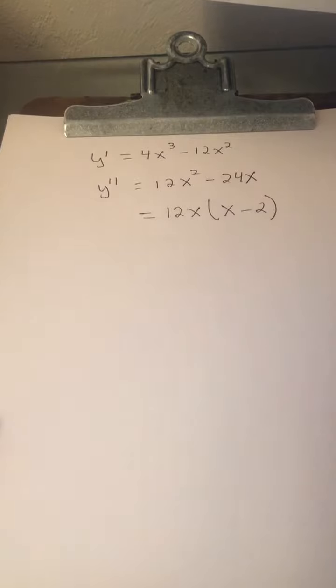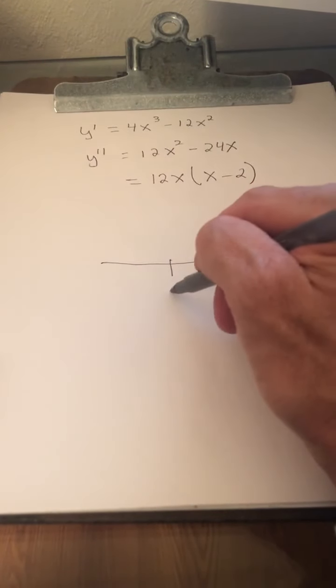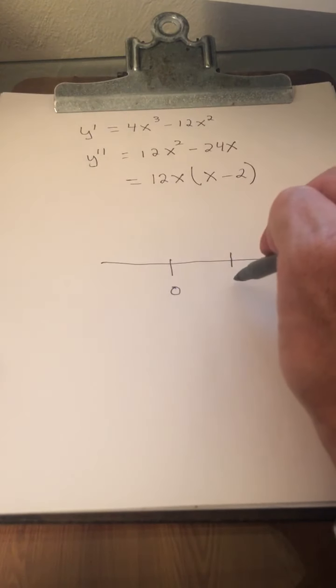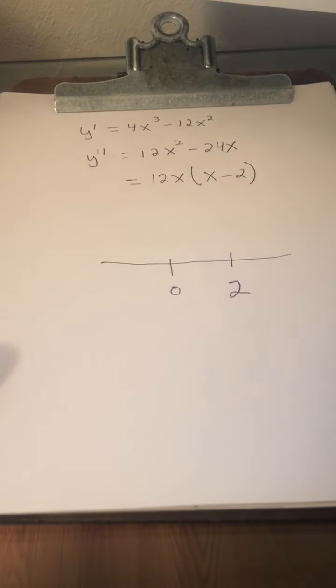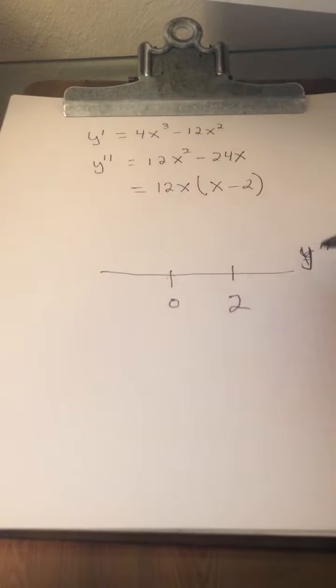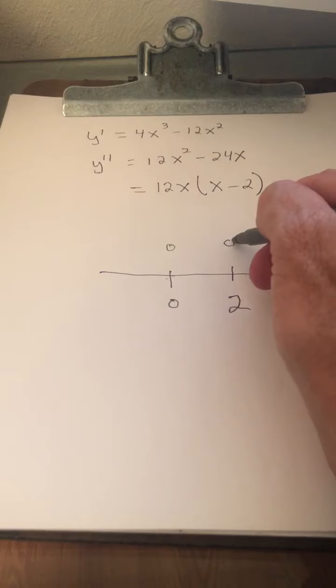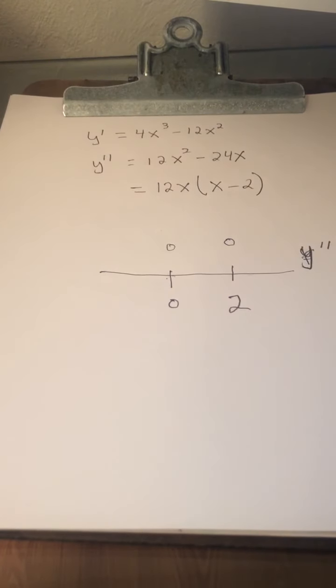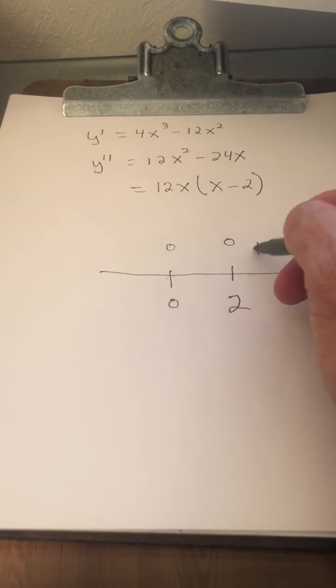So what we're going to do now is make a chart for our second derivative. We look at the values of x where the second derivative is 0, which means we could possibly have a change in sign, and if we do, that's called a point of inflection. So y double prime is 0 when x is 0 and when x is 2. If x is greater than 2, the second derivative is positive.